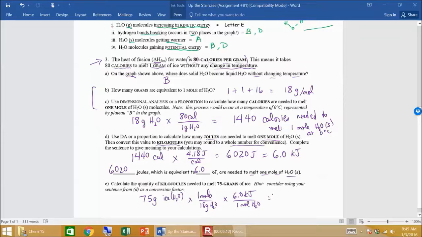And so this is fairly simple dimensional analysis. 75 times 6 divided by 18 equals 25 kilojoules needed. And that's to melt 75 grams of ice.